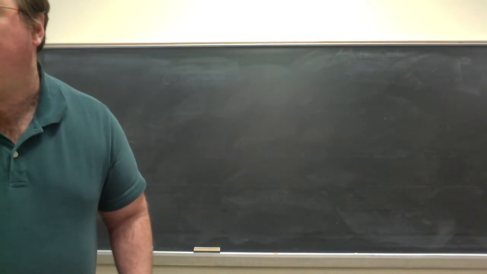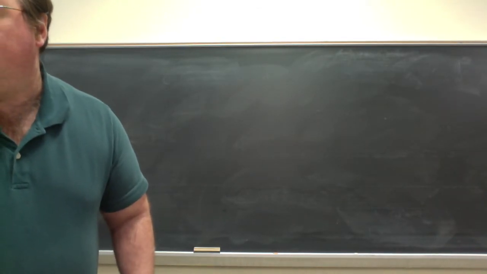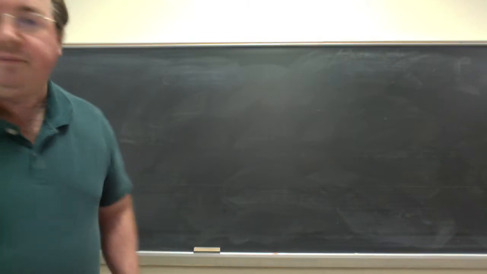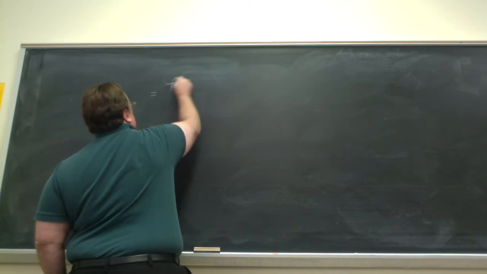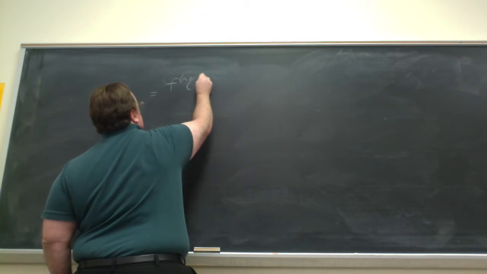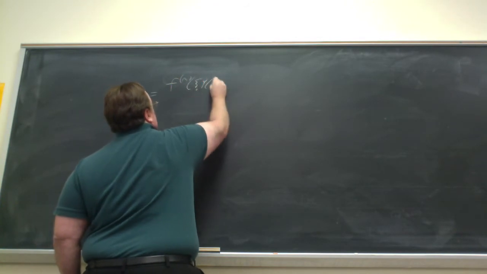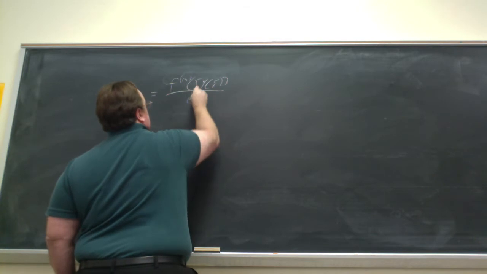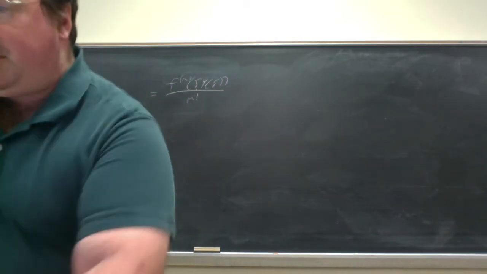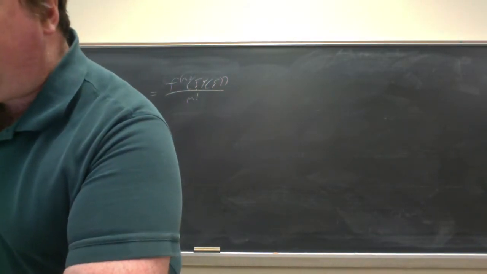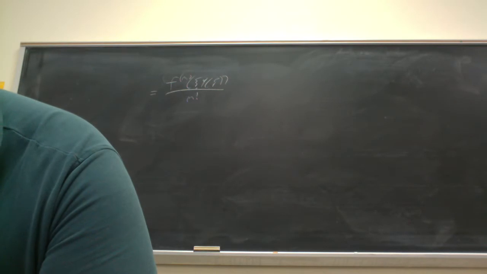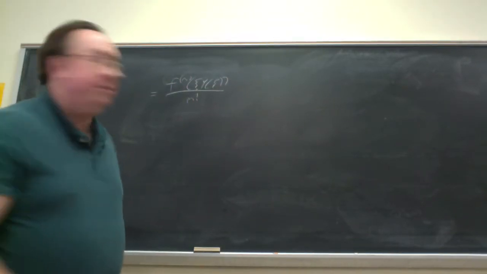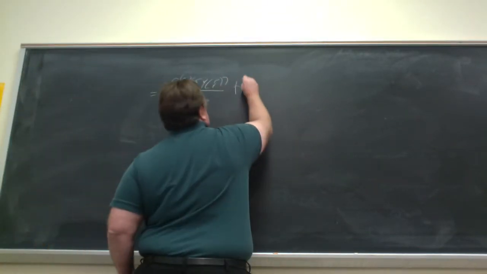Now, using a change of variable, we still have the m-th derivative of f at an unknown point, over m factorial, and then because of the change of variable we end up with h to the m.